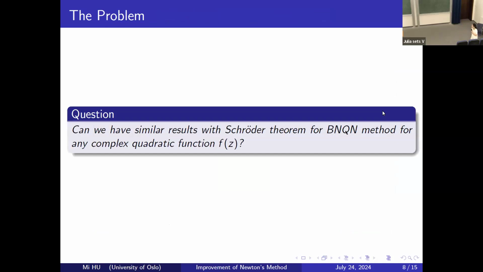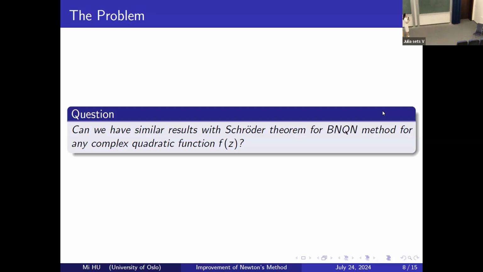We know that when you prove the Schroeder theorem, the dynamics of any quadratic function f can be conjugated to f(z) equals z squared plus some constant c. The idea is very similar. We want to change the coordinates, because the backtracking Newton method is very complicated: you always have to remember that the metric of the Hessian is changed, because we added a little bit of terms to make sure the Hessian is always invertible.